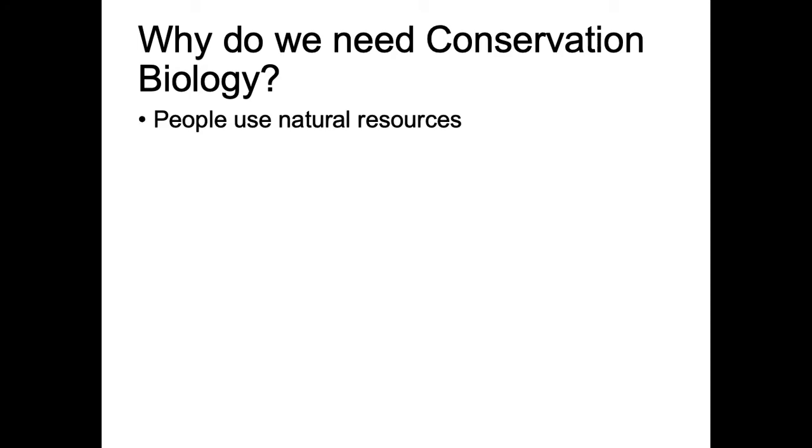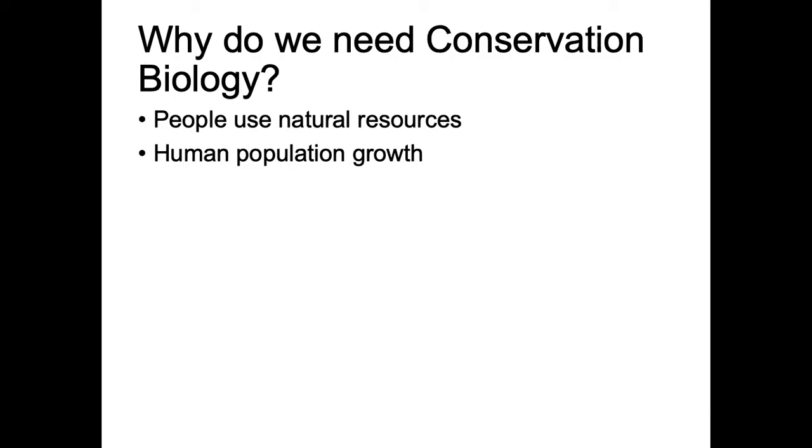One is that people use natural resources. And we need conservation to make sure we keep having resources. There are all these things that ecosystems do for us that we need, and if the ecosystems are not functioning properly, then it just won't work.